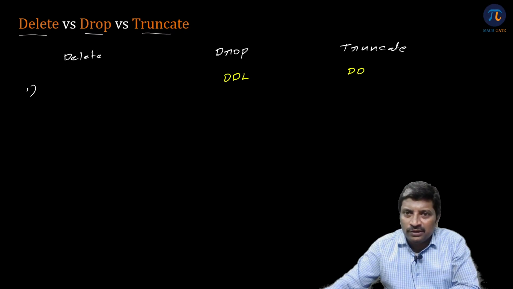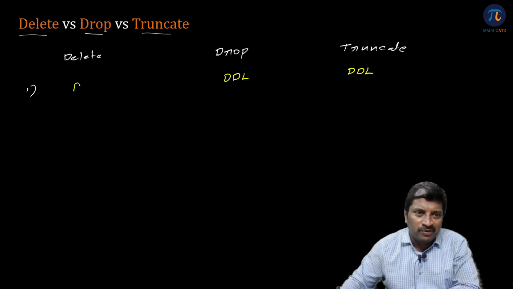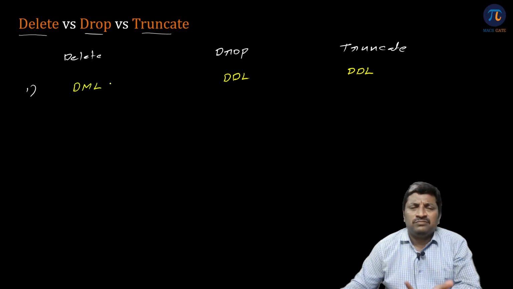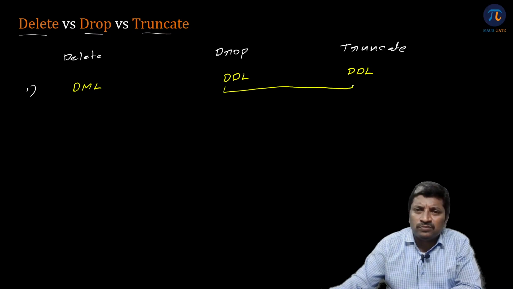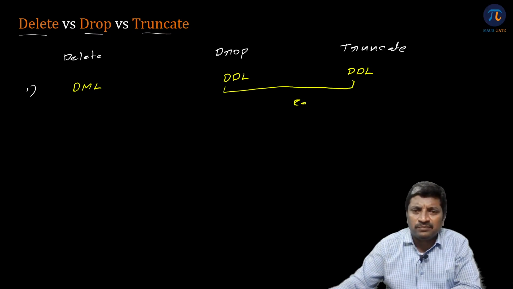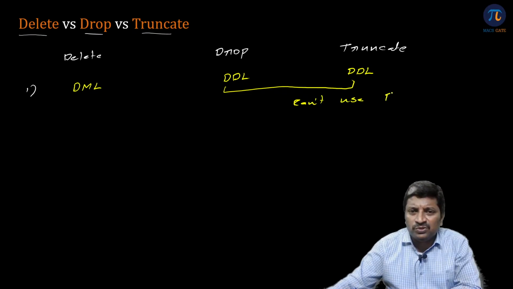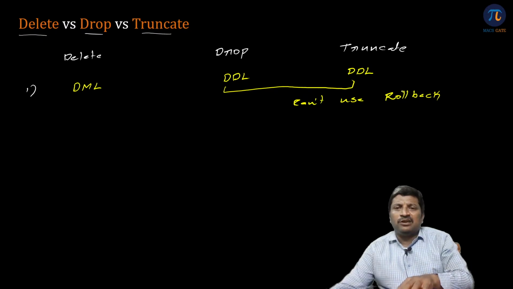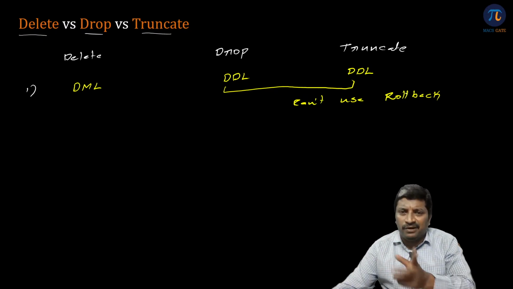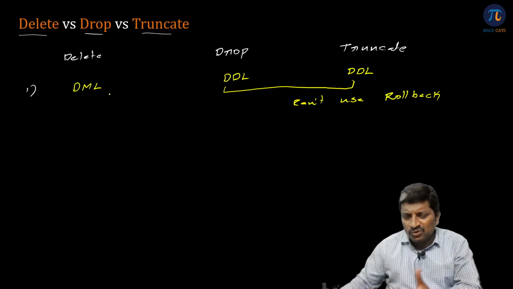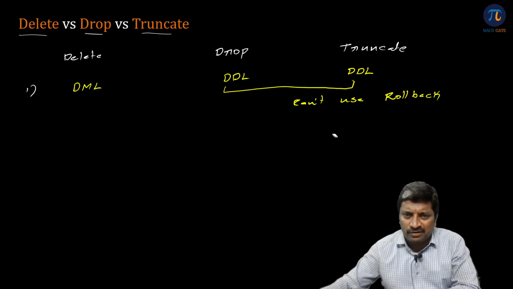This is a DML command. Then what is the difference? What is the problem? For these two, I cannot use rollback. Since those are DDL commands, those actions cannot be undone. I mean, we can use rollback, sir, but the actions cannot be undone.